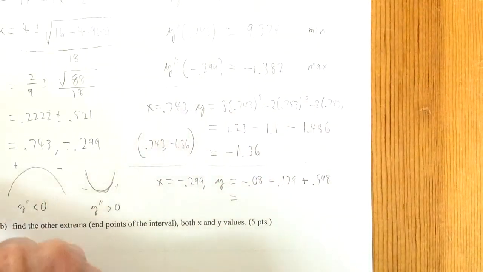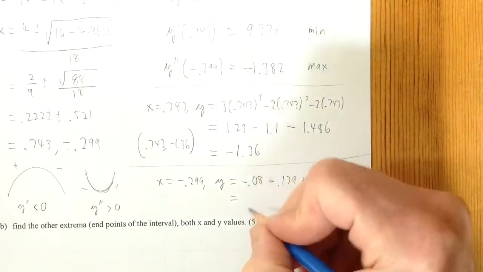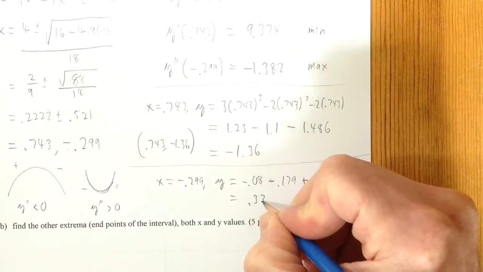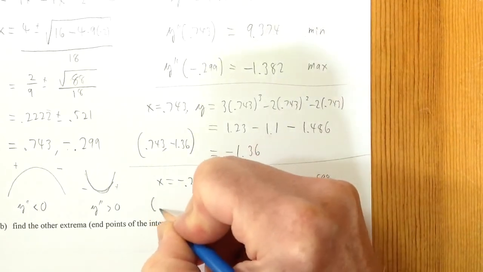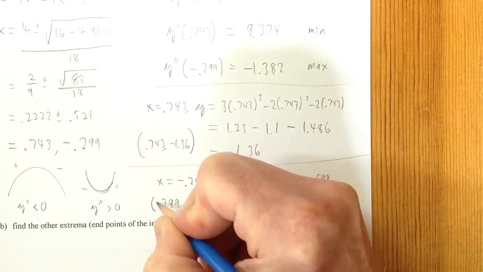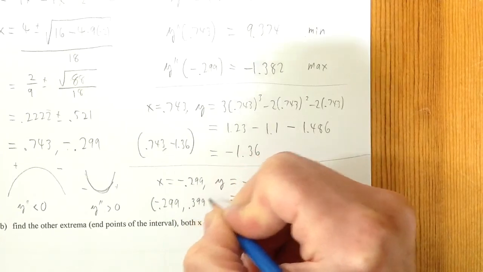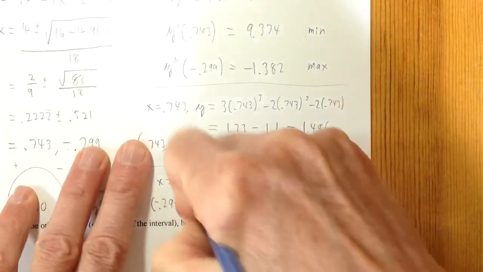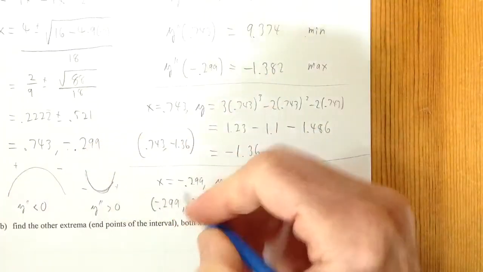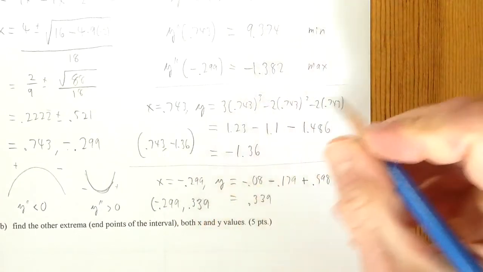So 0.598 minus 0.179 minus 0.08, I get 0.339. So our other point is negative 0.299, 0.339. Those are the two points.